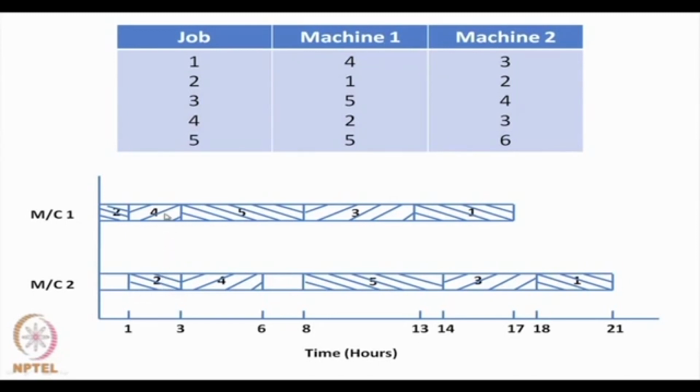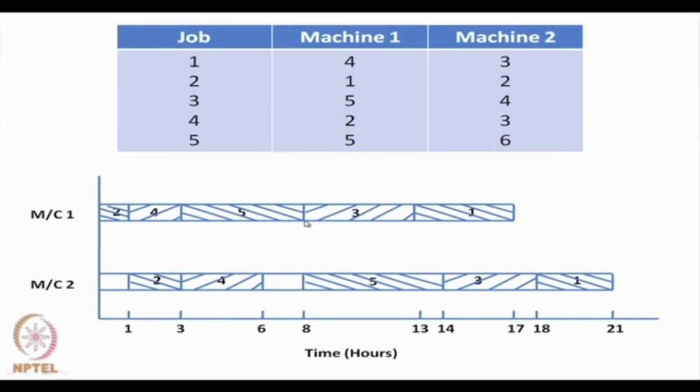By that time, machine 1 is taking up job 4, which is taking 2 hours. Job 2 also requires 2 hours on machine 2. So, simultaneously at time 3, at the end of 3 hours, both machine 1 and 2 are free to take up the next work. So, machine 2 takes up job 4 because by that time machine 1's work on job 4 is complete, and work on job 5 can start on machine 1.